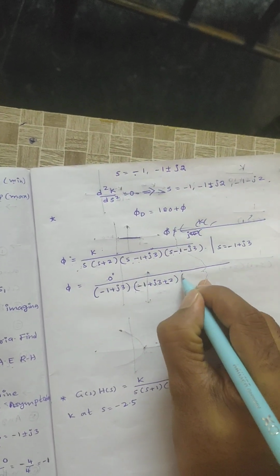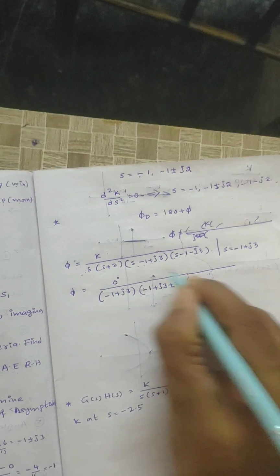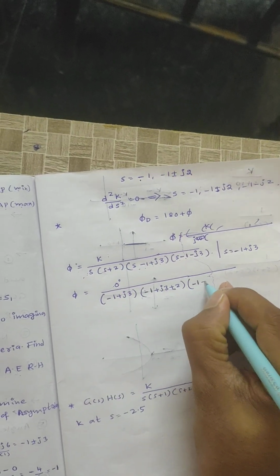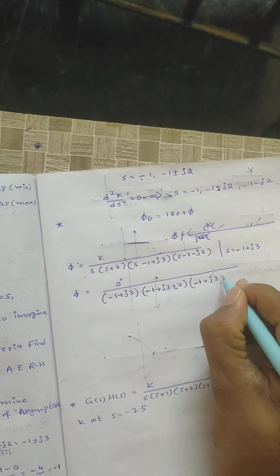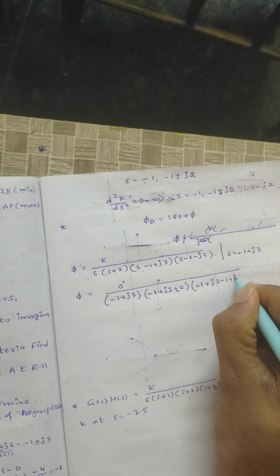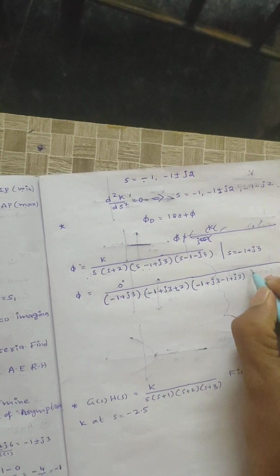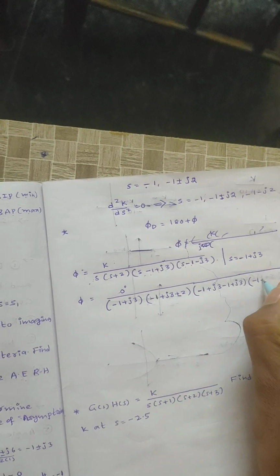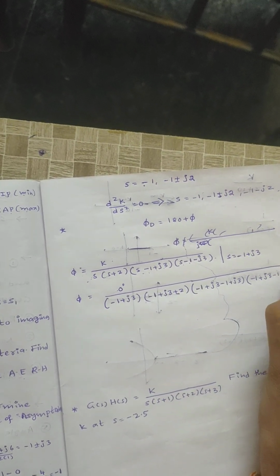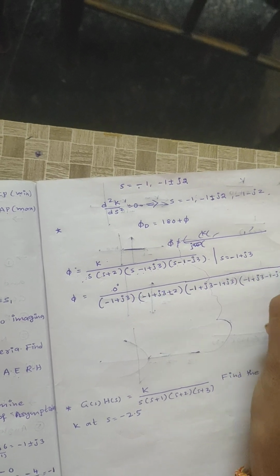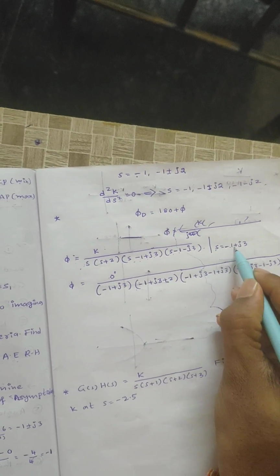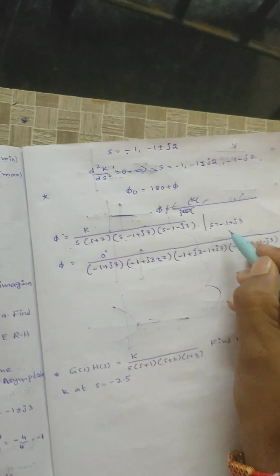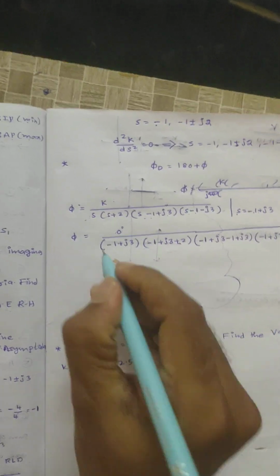Next, in place of s I can substitute minus 1 plus j3 minus 1 plus j3. Next, minus 1 plus j3 minus 1 minus j3. Where s is present, in place of s I can substitute minus 1 plus j3. Otherwise you can substitute minus 1 minus j3 also. Anyway you will get the same answer.